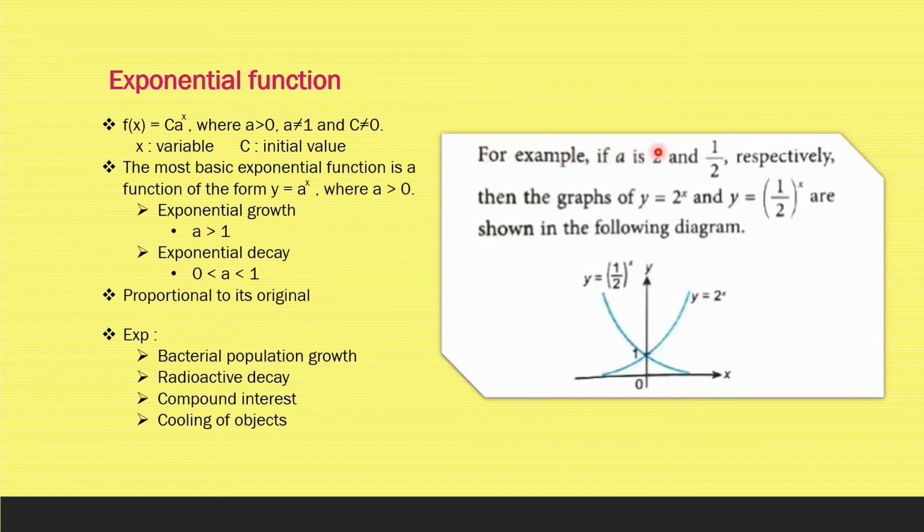For example, if a is 2 and 1 over 2 respectively, then the graphs of y equal to 2 to the power of x and y equal to 1 over 2 to the power of x are shown in the following diagram. Exponential models are used in the study of population growth, radioactive decay, compound interest, cooling of objects, and growth of phenomena such as viral infection and internet usage.